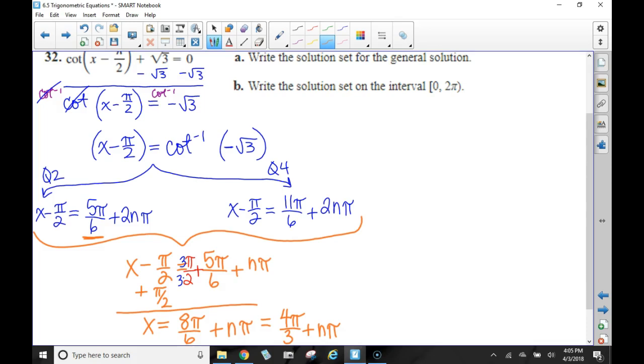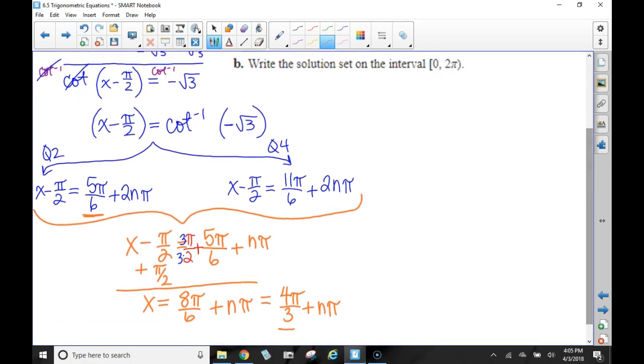Because let's, for example, get the smallest angle we possibly can as the leading term, okay? And we can get a smaller angle that would satisfy this relationship here if n is equal to -1.